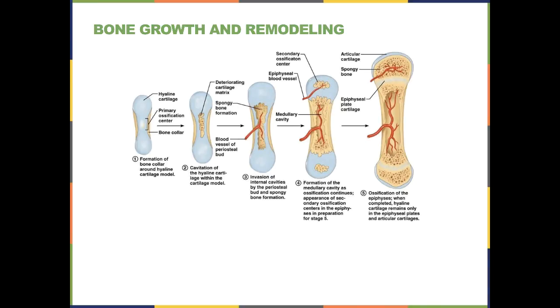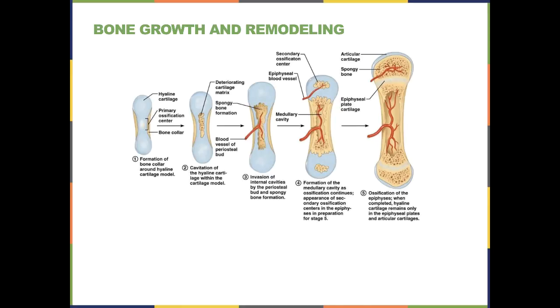Now this is a diagram that shows how bone grows, and we're going to spend a couple minutes talking about this diagram. If you look at diagram number 1, you have initially a very small chunk of hyaline cartilage. And in the center of that hyaline cartilage forms a bony collar around the middle.